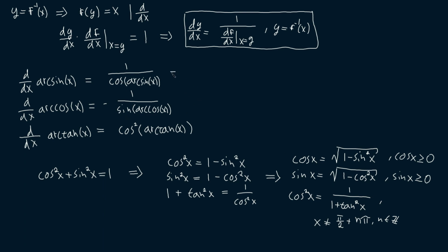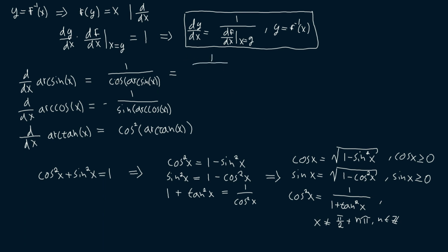Now let's see if we can apply these equations to simplify this expression. Let's start with the derivative of arcsin of x. We know that cosine of x is non-negative on the interval from minus pi over 2 to pi over 2. But the range of arcsin of x is from minus pi over 2 to pi over 2, so we're justified in using this expression to simplify.